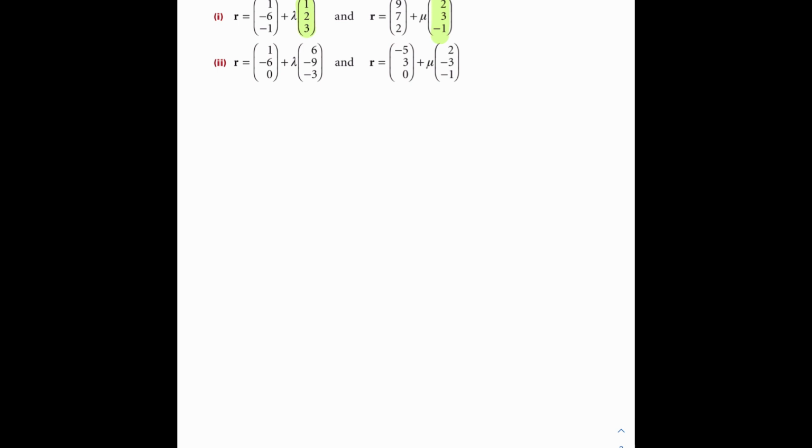If you look at this one, if this is 6, negative 9 and negative 3, and here it is 2, negative 3 and negative 1. Negative 1 multiplied by 3 is negative 3, negative 3 multiplied by 3 is negative 9, and 2 multiplied by 3 is 6. So we can say that yes, these two lines are parallel.